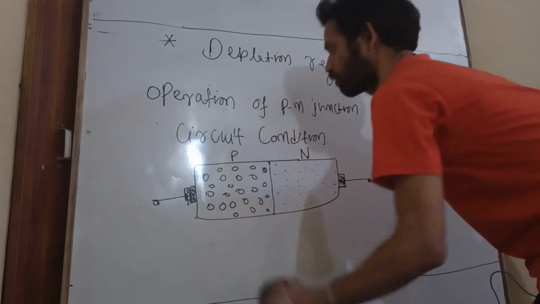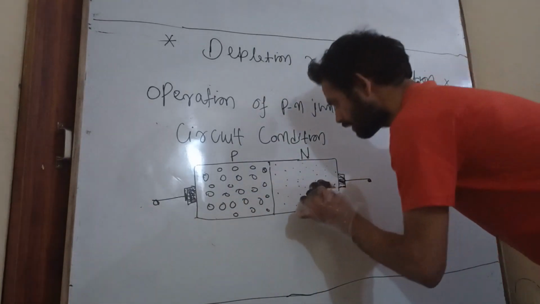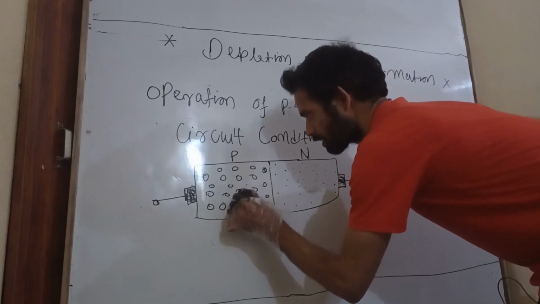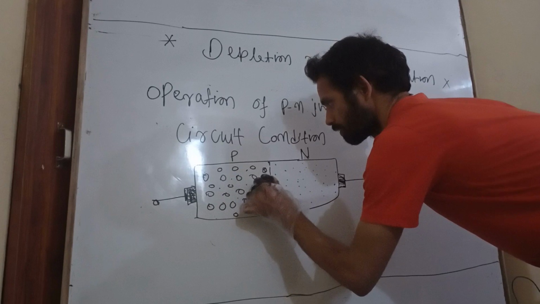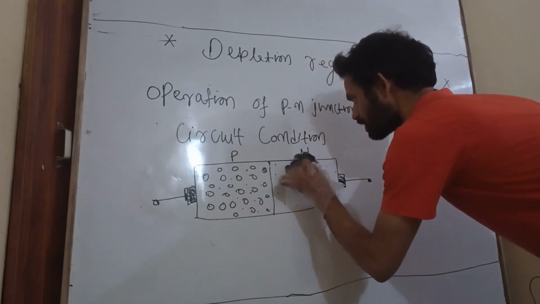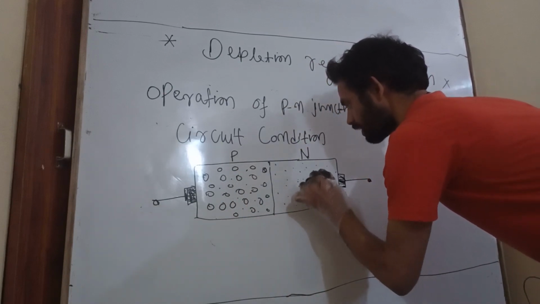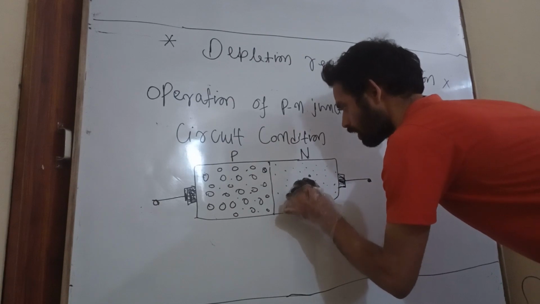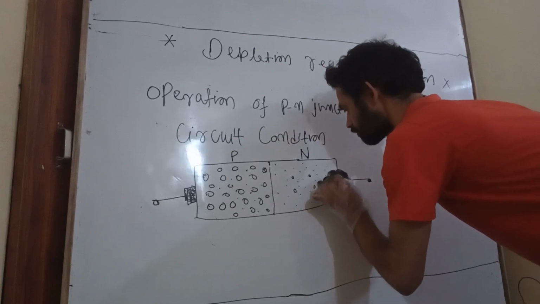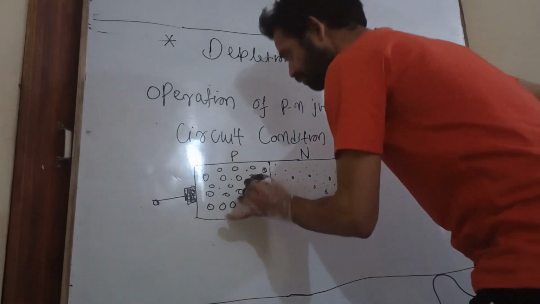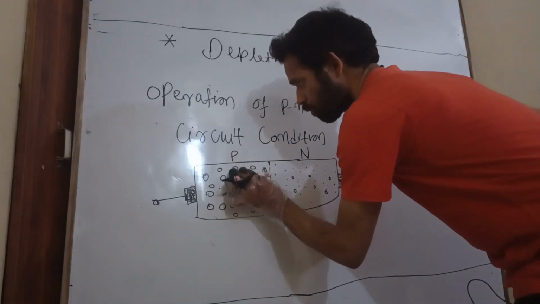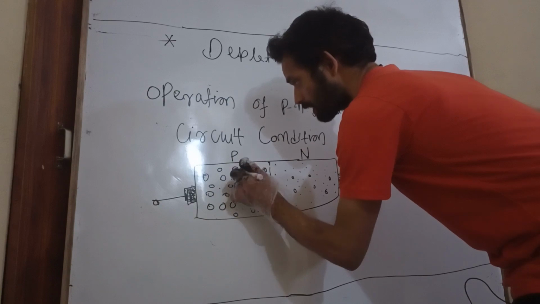Here the minority charge carriers are electrons on the P side, and on the N side the minority charge carriers are holes.